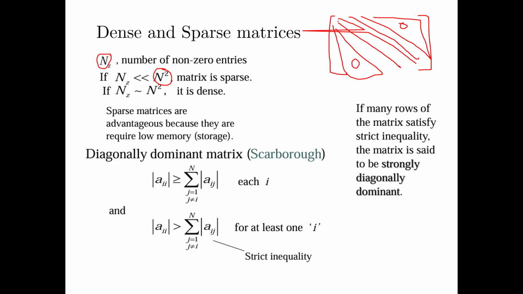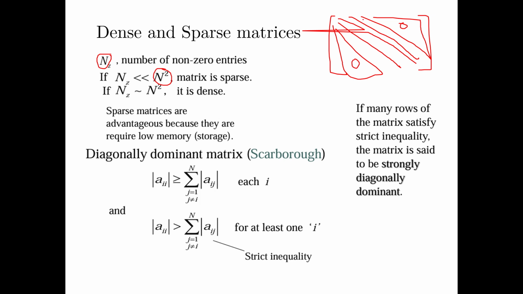Why this helps is that suppose I have an n cross n matrix. I have a total of n square elements, and each element is an 8-bit integer. So I need 8 times n square bits in memory to store that matrix. But if I have a sparse matrix and only enter the non-zero elements, then I need 8 bits for the value of that integer and 8 bits for the address.